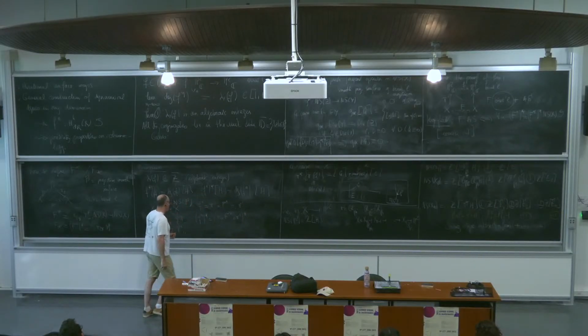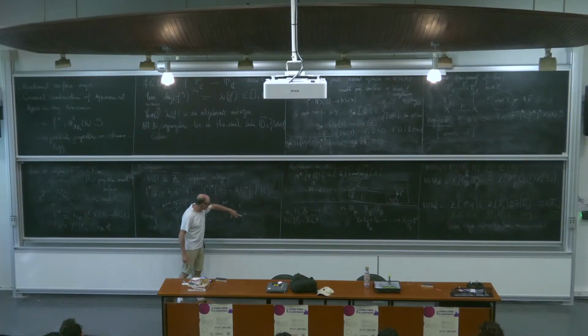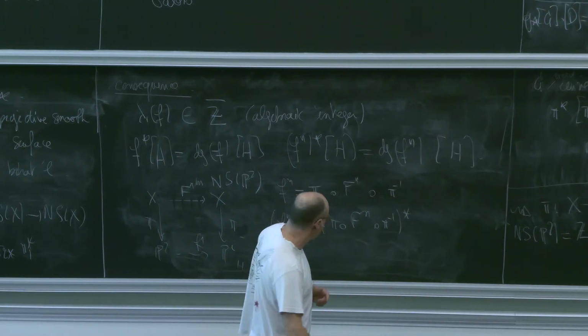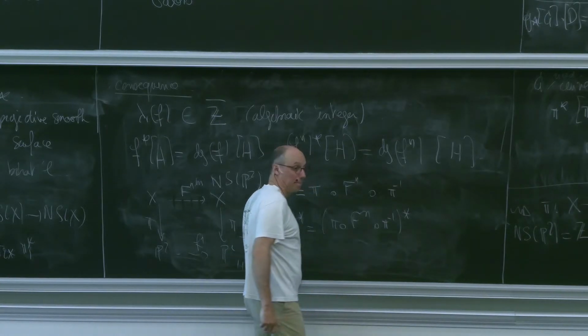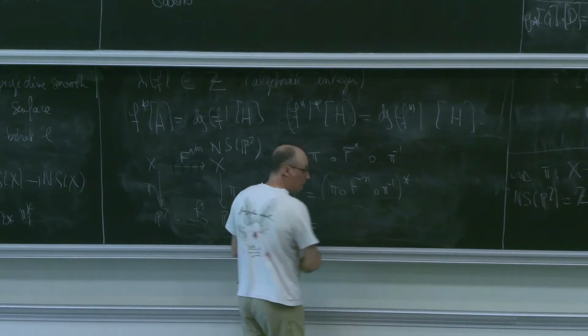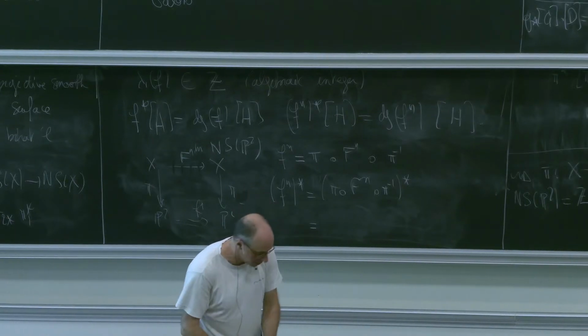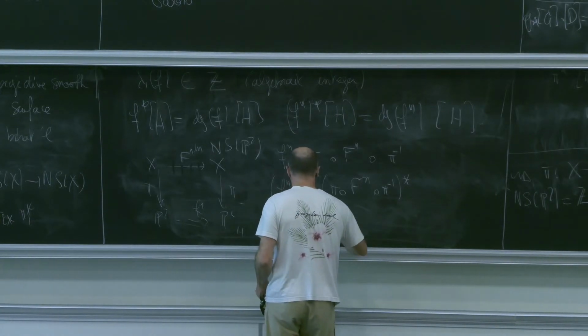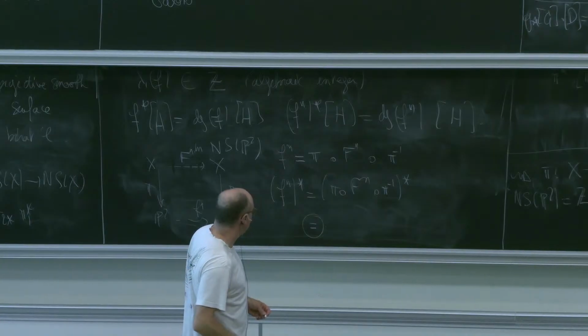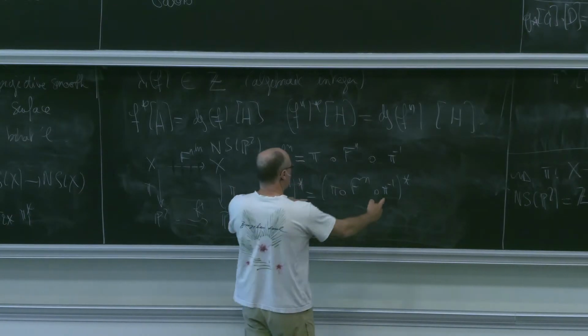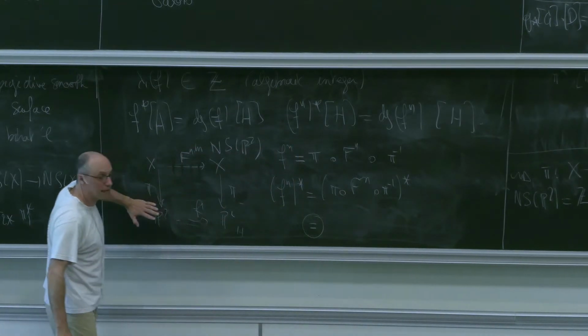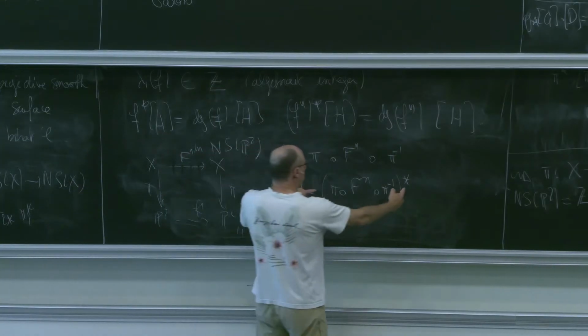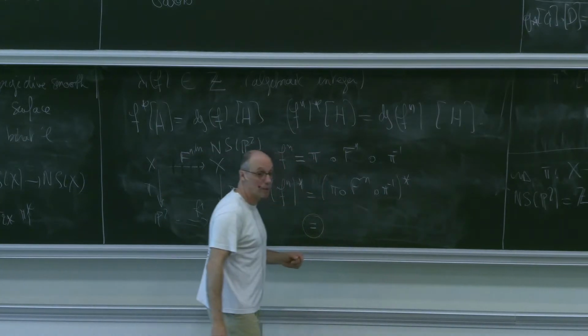Okay. So what I'm going to do is apply F^n star to H, and I'm going to compute this. Let me do this formally, okay? Here I need to justify this a little bit. But what I'm going to say is that in this very specific situation, I can switch the composition of the pullbacks.